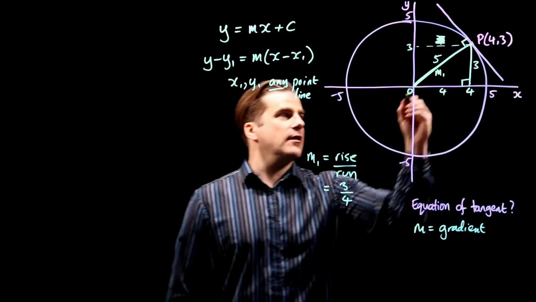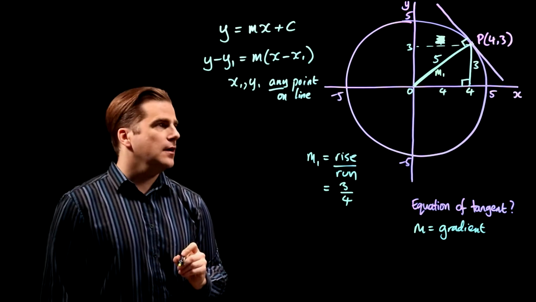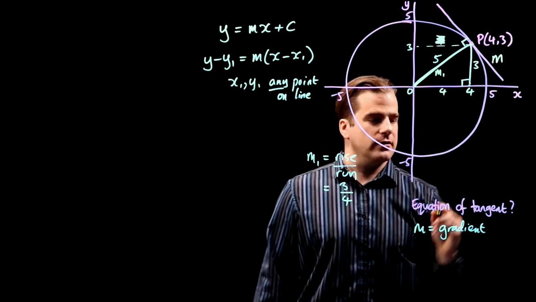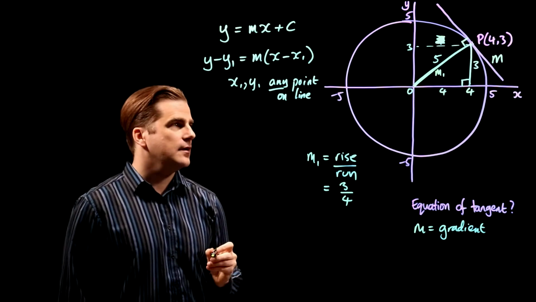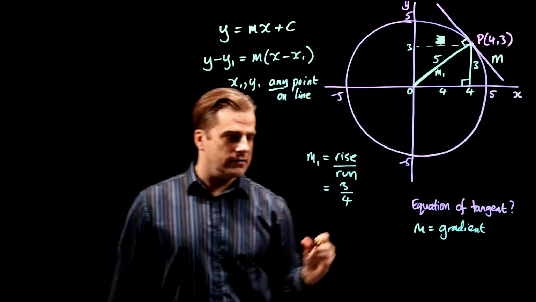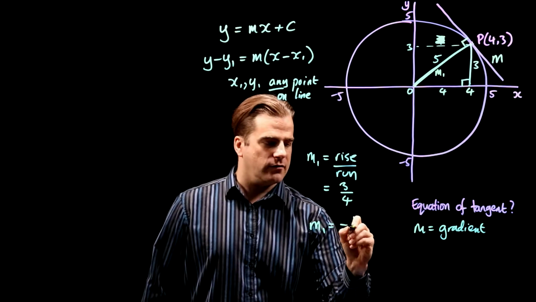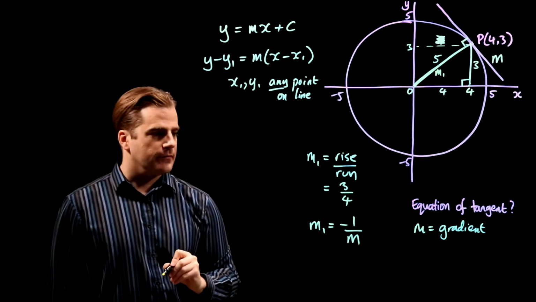That's it. Gradient of that is 3/4. So now we can work out m, the gradient of the line we actually want. And because these two are at right angles, m1 is -1 over m. Okay?